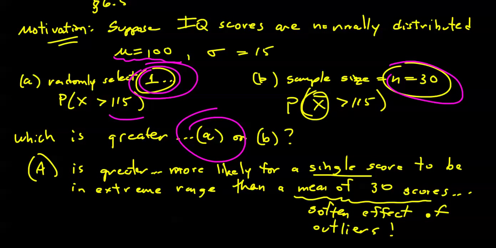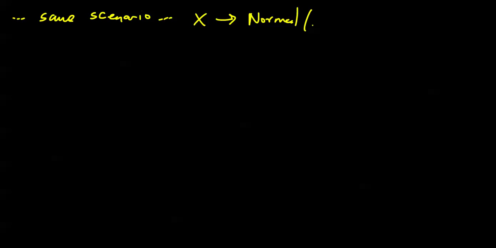All right, so there's our scenario for this motivation. Same scenario. Write this down. Again, you've got a bunch of IQ scores that are normally distributed with a mean of 100 and a standard deviation of 15.